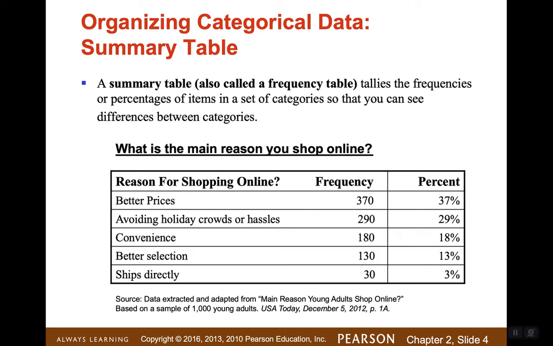All of these together will add up to 100%. Avoiding holidays and castles with hassles, 290, and so on and so forth. So we simply take the results of our categorical data and tally it up by bucket.